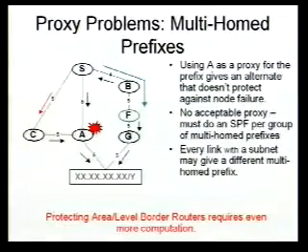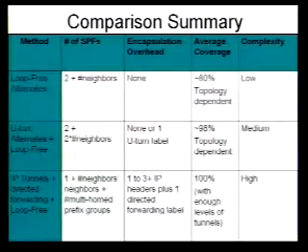You need to actually use the prefix as the proxy. So you can group your prefixes into sets and use those. And this is particularly important for protecting, say, area or level border routers, because those are the ones where you are announcing multi-homed prefixes, also internally, of course.